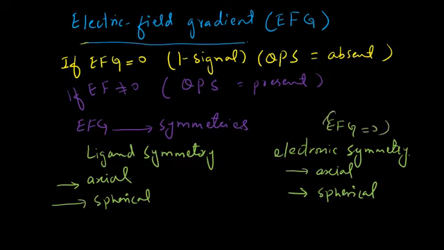It is equal to 0 when ligand symmetry and electronic symmetry both are spherical. In that case, the quadrupole splitting is equal to 0, and correspondingly there will be the singlet state, or only one signal in the Mossbauer spectra.